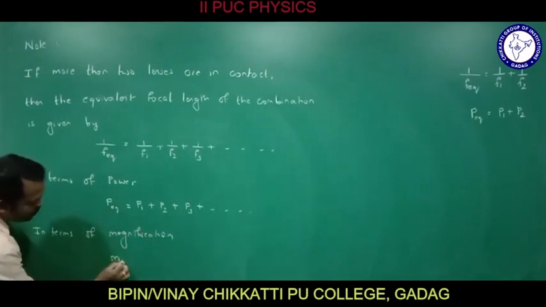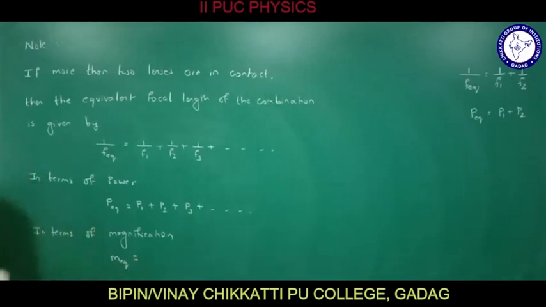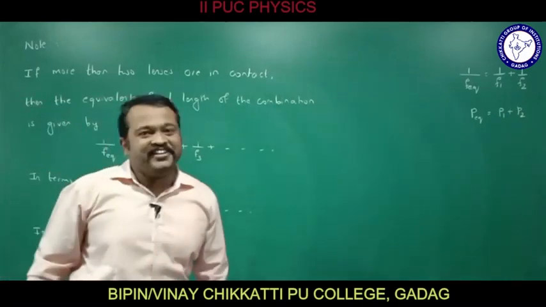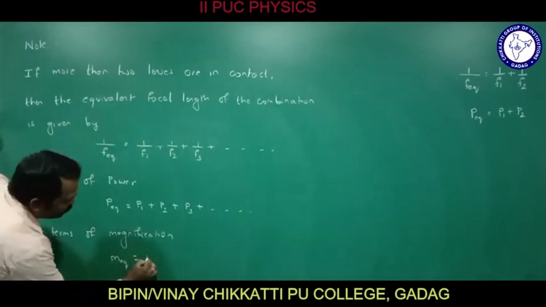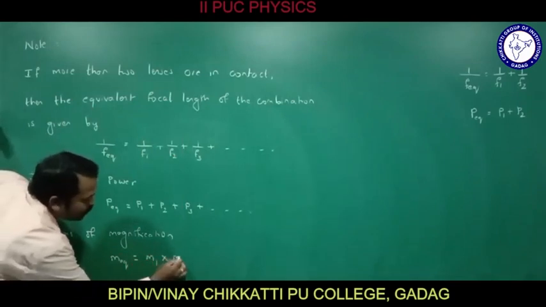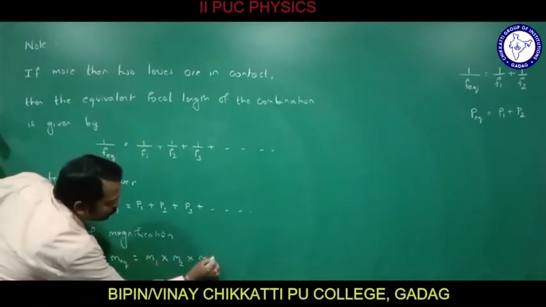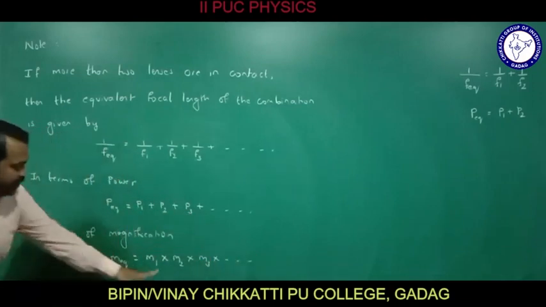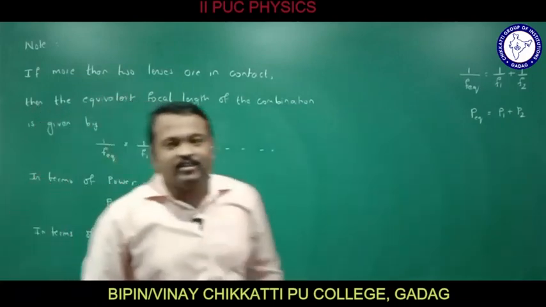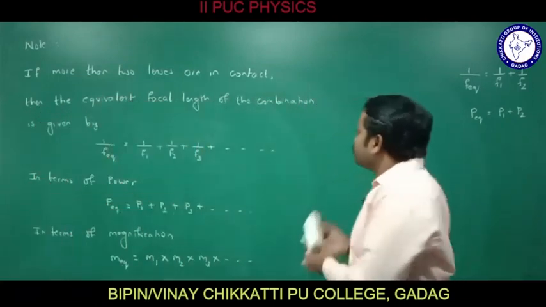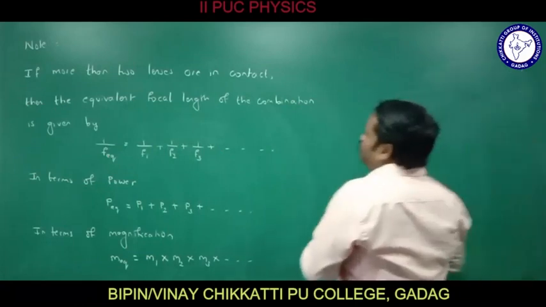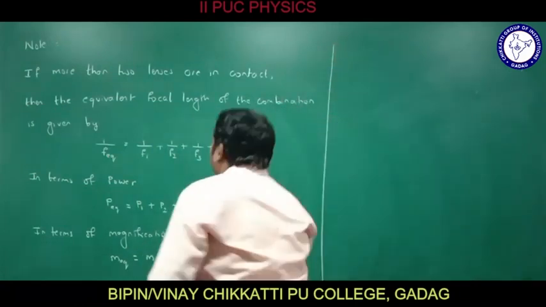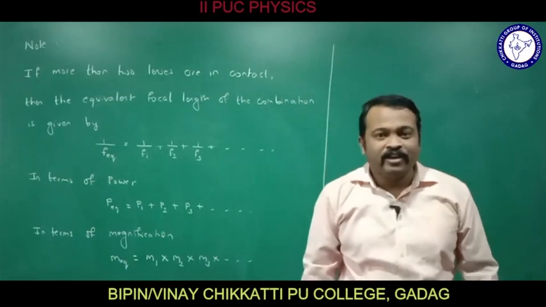M equivalent is M1 into M2 into M3 and so on. Here we get multiplication if you consider the linear magnification. These are some of the note points about combination of lenses.